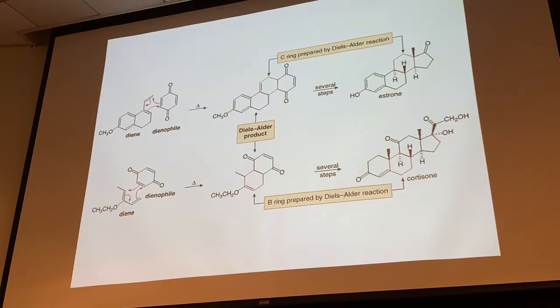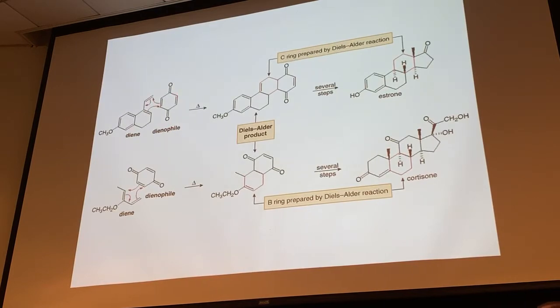Chemists have synthesized steroids in the lab, and because we have 3 6-membered rings in steroids, it should not surprise you that the Diels-Alder reaction has been used extensively in steroid synthesis. It can be used to synthesize any of these 3 6-membered rings. Here we have examples where this one is known as the C ring, and that was prepared by a Diels-Alder reaction.